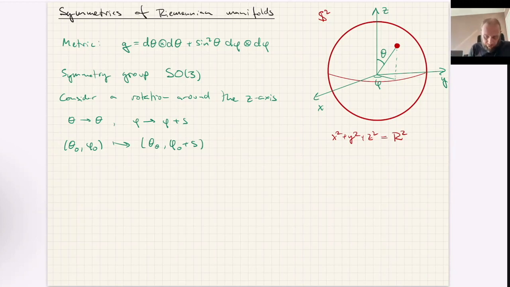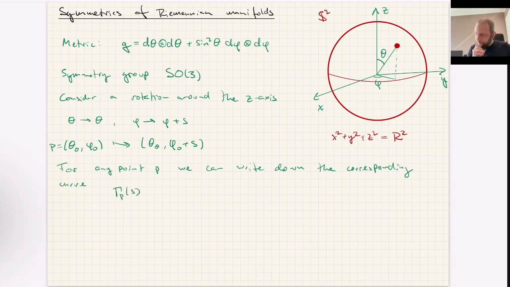So for any given point, so if this is the point P, for any point P, we can write down the corresponding curve. So we would have, let me call it gamma_P, which is a function of s. That's just given by this transformation. So this point P maps to another point, which is this gamma_P(s).